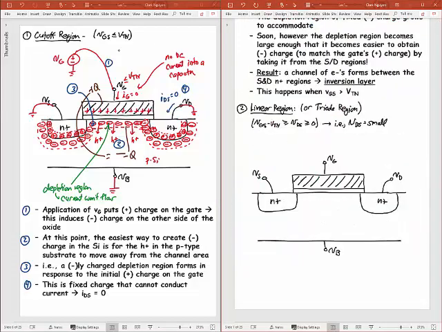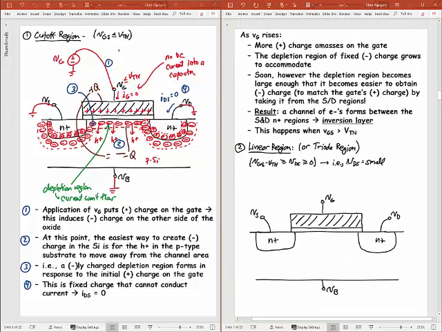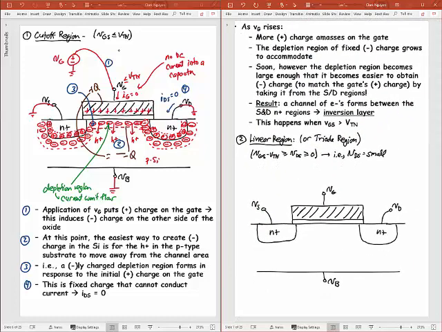So let's talk about what happens as we try to raise that voltage even more. Okay, so as VG rises here, I guess I'll redraw a lot of this in here. So as I raise my VG to make it greater than or equal to VTN, now I'm over my threshold voltage. So what that means is I put more voltage on this.